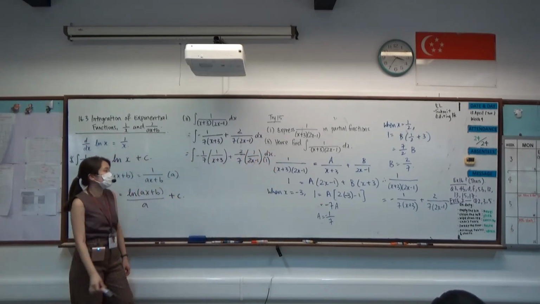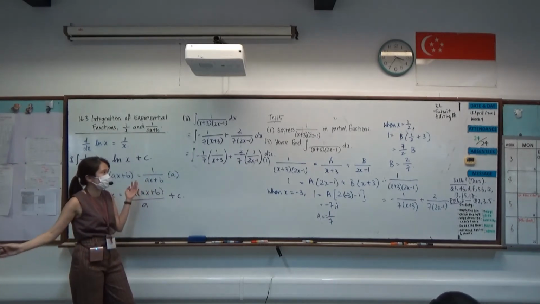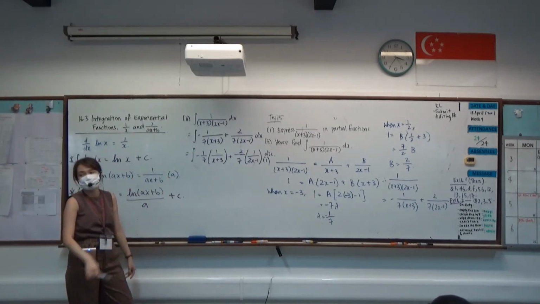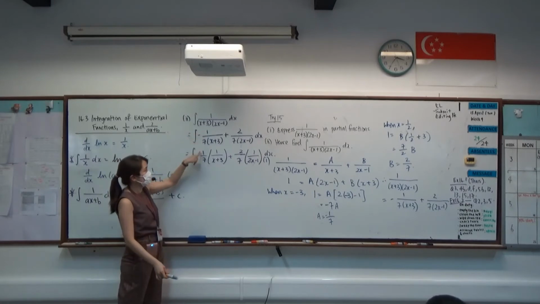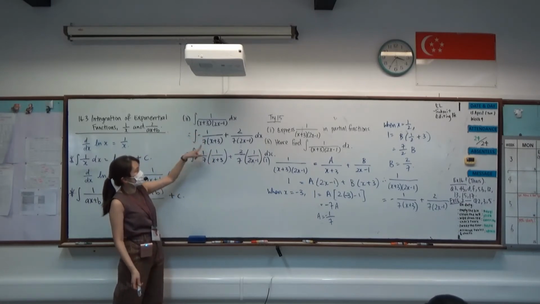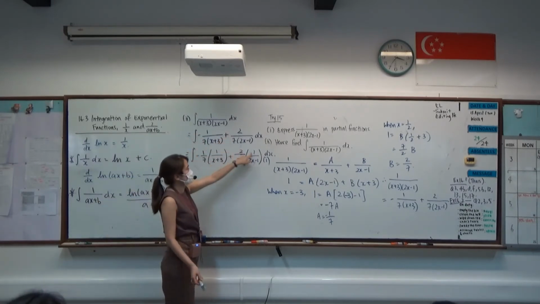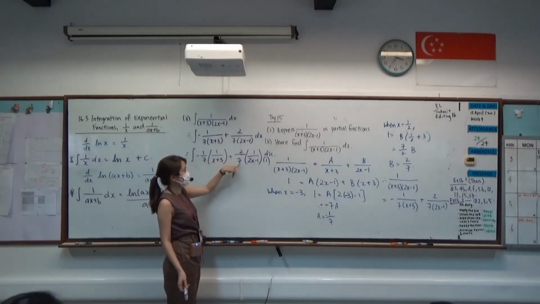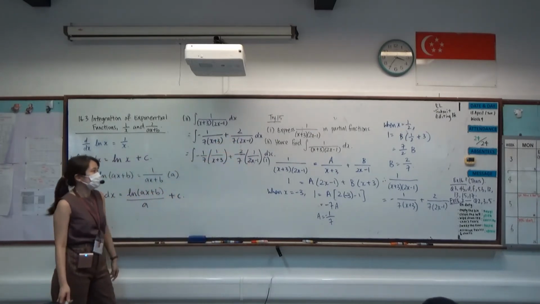Because when fractions multiply, numerator times numerator, denominator times denominator. So 1 times 1 gives us 1. 7 times x plus 3 gives us this. 2 times 1 gives us 2. 7 times 2x minus 1 gives us this denominator.